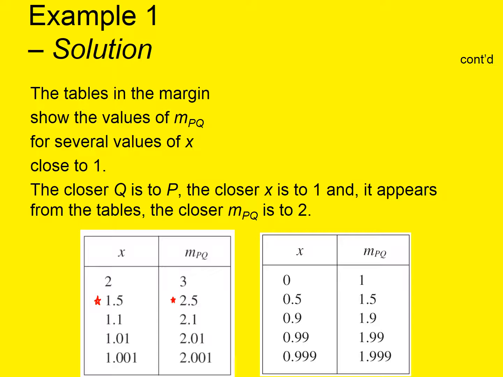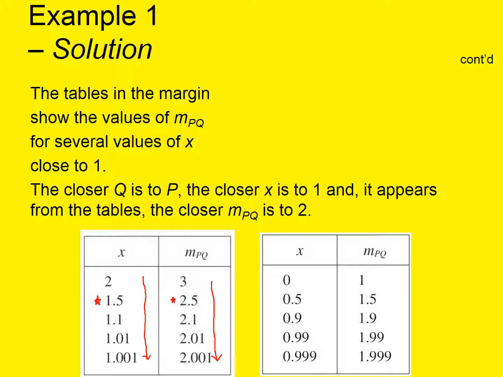And it appears from the table that the closer x is to 1, the closer the slope of line PQ is to 2. So x is getting closer and closer to 1, and these slopes are getting closer and closer to 2.